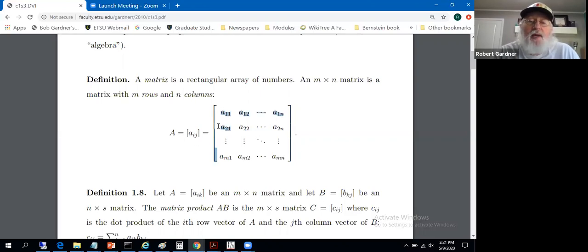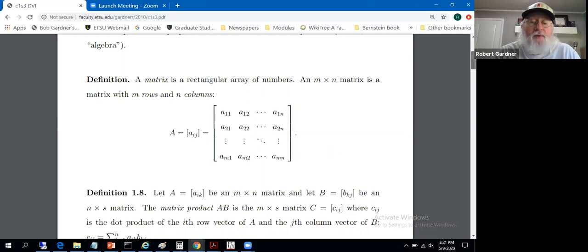For example, a sub 2,1 occurs in the second row in the first column. a sub 1,2 occurs in the first row in the second column. Probably about half the time we deal with matrices, we'll deal with square matrices in which m and n are the same size. But we'll deal plenty of times with matrices that aren't square.